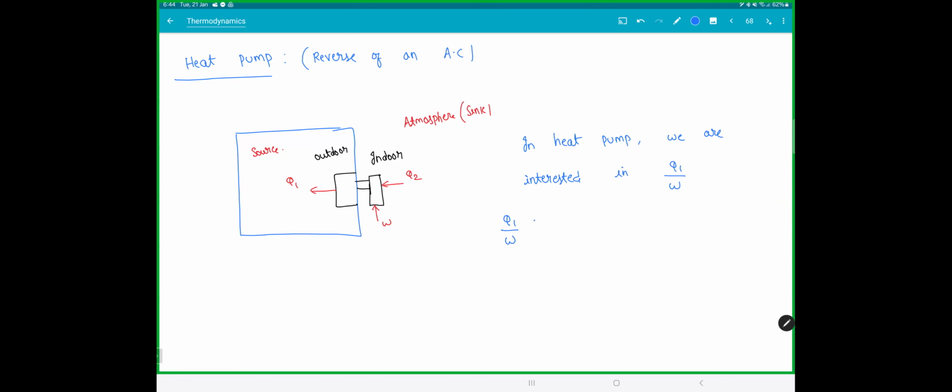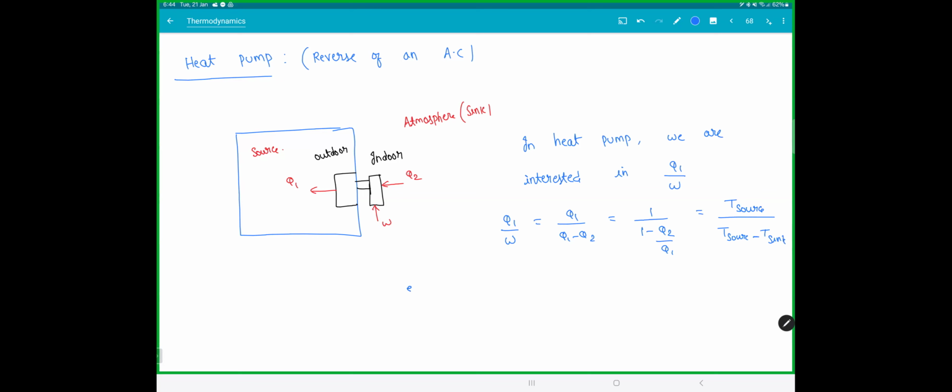So Q1 by W is Q1 by Q1 minus Q2. This is 1 over 1 minus Q2 by Q1. So this will be T source by T source minus T sink. For a refrigerator it is T sink by T source minus T sink.